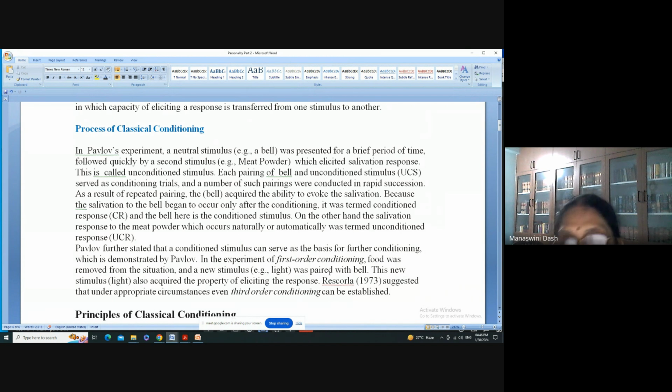So the dog starts salivating at the sound of the bell before food is given, or even if food is not given. The conditioning is required. The dog learns the association between the bell and the unconditioned stimulus, that is food.